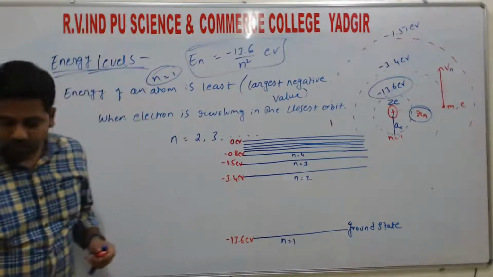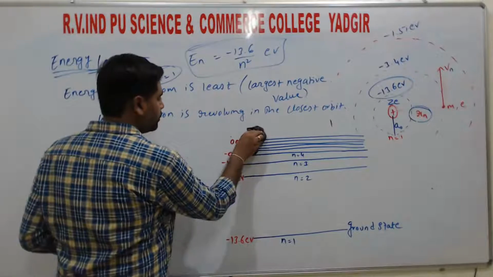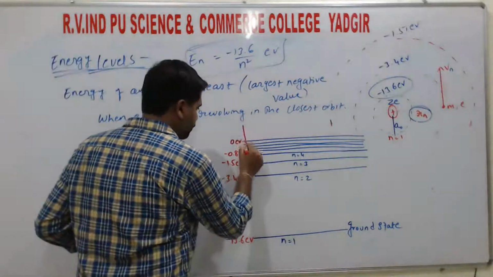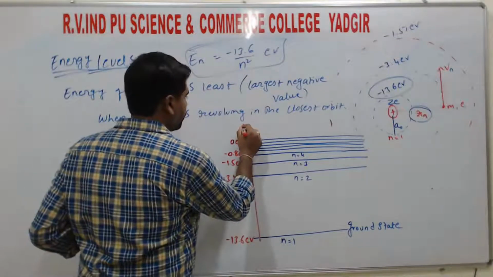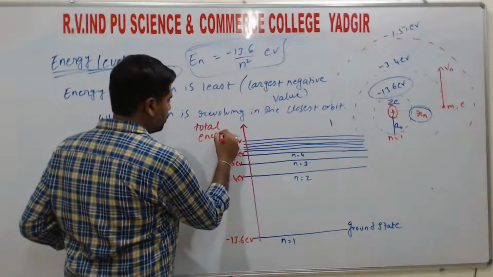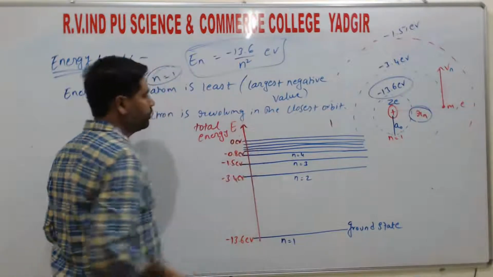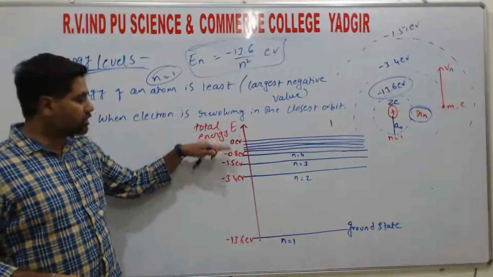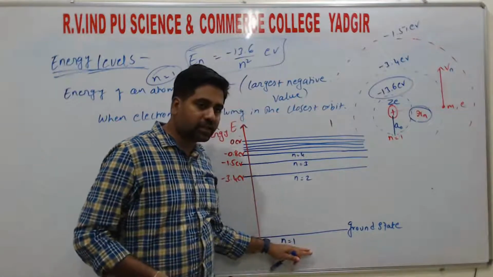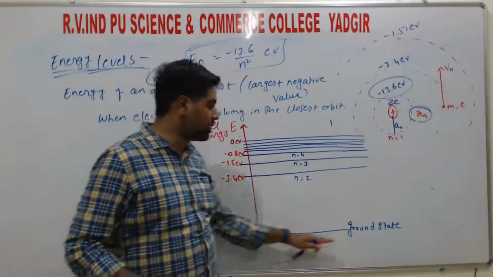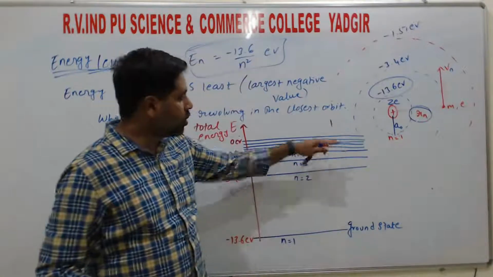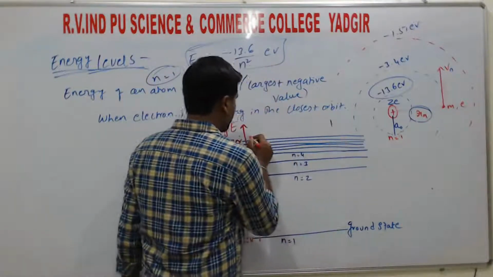If you plot the axis, this gives the total energy E. This is the representation of the total energy E. This is the lowest energy of the atom which is revolving in the first orbit, and that state is called the ground state of the atom, right?